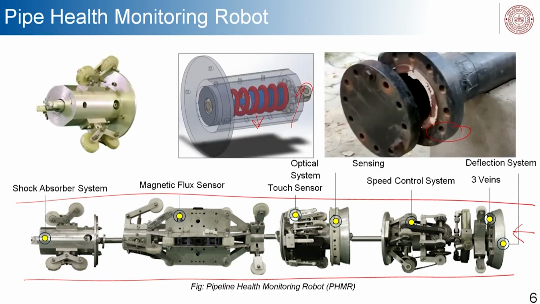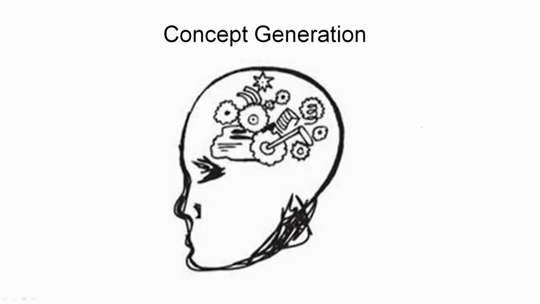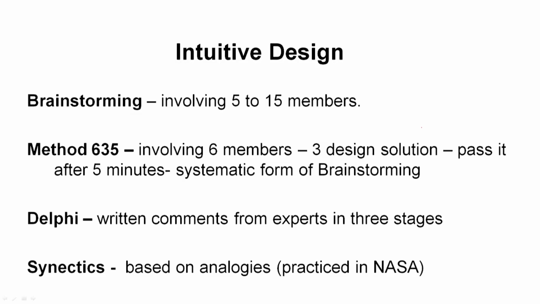So, all these things together make this a complex system, and for designing such a system, you cannot just do it unless there is a formal process of design. That is what brings us to today's concept of concept generation, and generally people use different techniques for concept generation, like brainstorming, like the 6-3-5 method, which involves 6 members, 3 design solutions, and it is passed after 5 minutes, a systematic form of brainstorming.